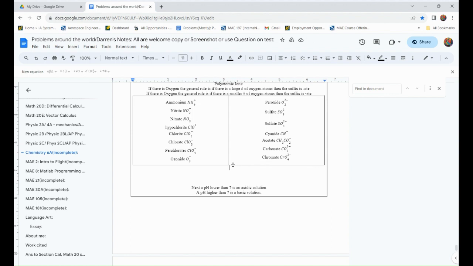Unless your professor is a psychopath who loves to give something ridiculous. If the professor gave something like bromate, you can estimate that it's B, probably O, and then three. You might not get the three minus, though.